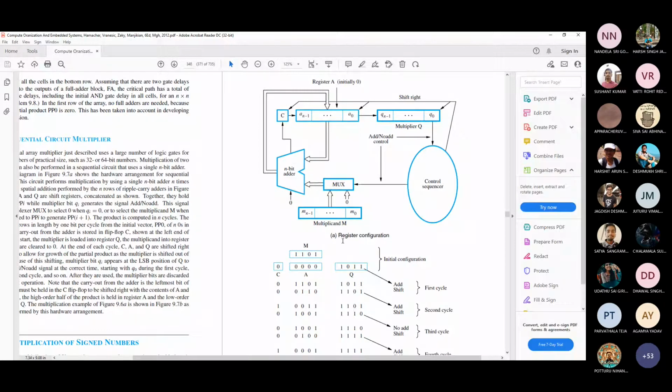So the information actually passes through this n bit adder. Even if one of the adder inputs is 0, still the adder works. Still the adder is active. And if the adder is active, it takes time.